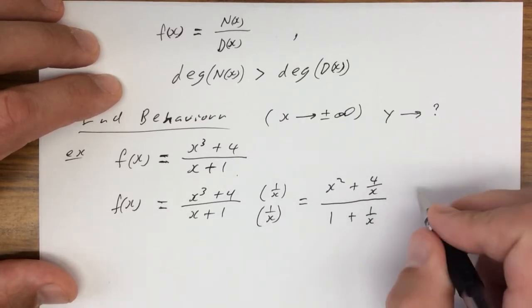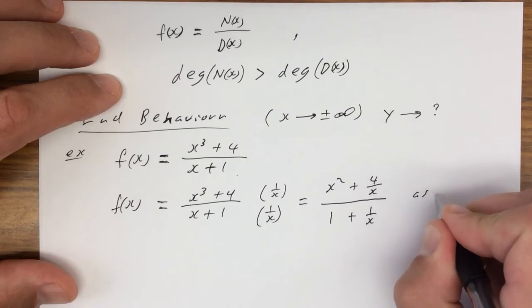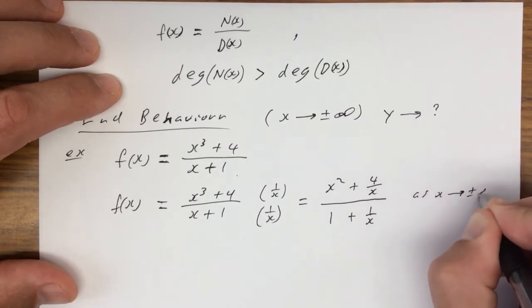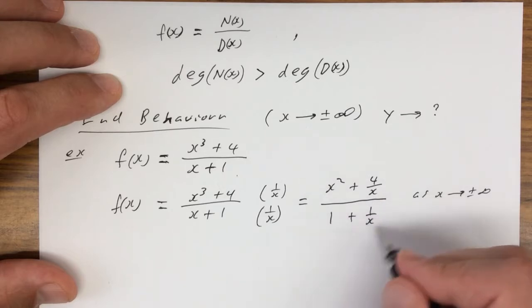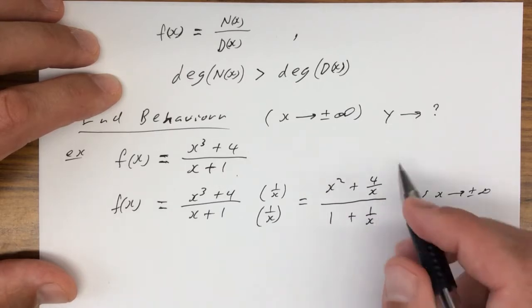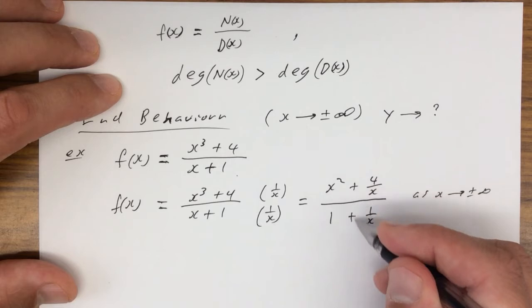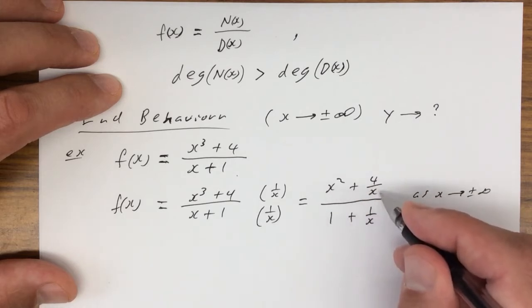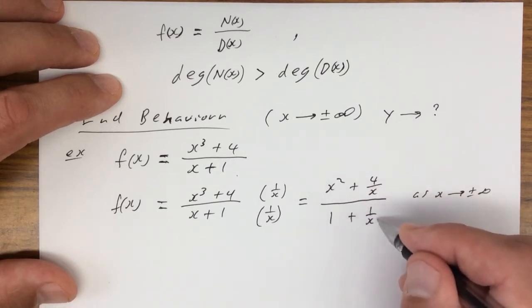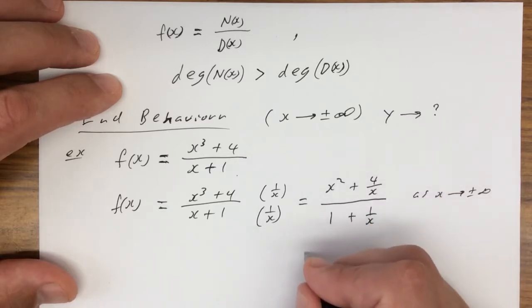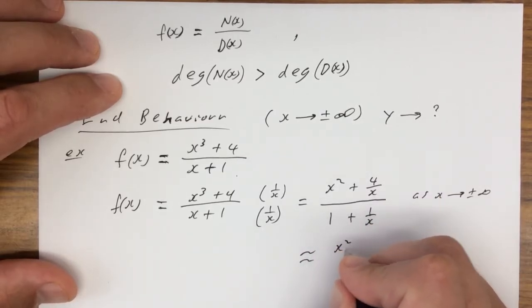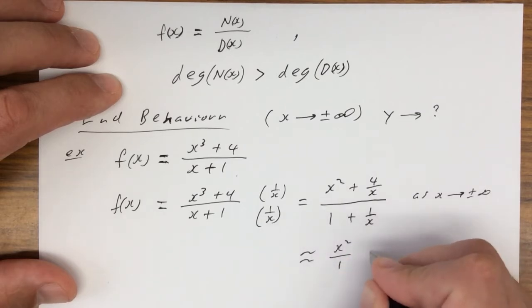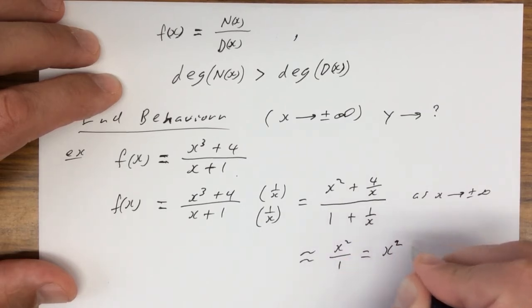Now, as x goes to plus or minus infinity, this piece turns into basically 0, and 1 over x turns into 0 as well. So these become negligible. x squared plus 0 over 1 plus 0 is just x squared over 1. So we can say that it's approximately x squared over 1, which equals x squared.